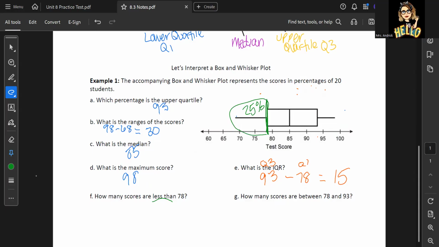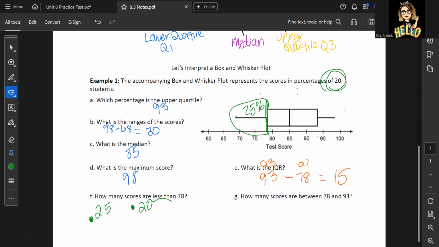We want to know exactly how many people scored less than 78. We know that there's 20 students. So we're going to do 25% of 20. We need to make it into a decimal. 25% as a decimal is 0.25.